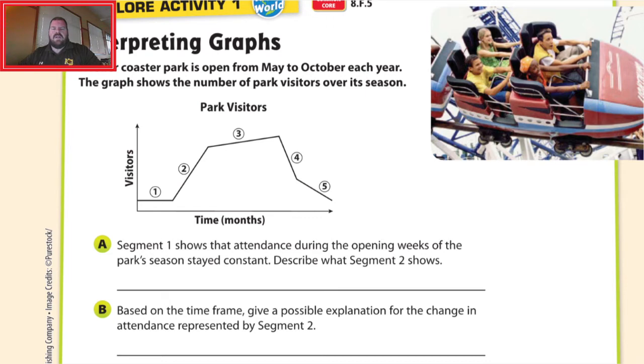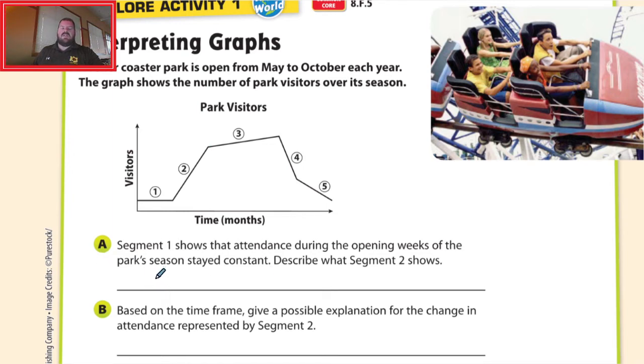Segment 1 shows that attendance during the opening weeks of the park stayed pretty constant. So there was just a steady number of visitors that showed up. What does segment 2 show?